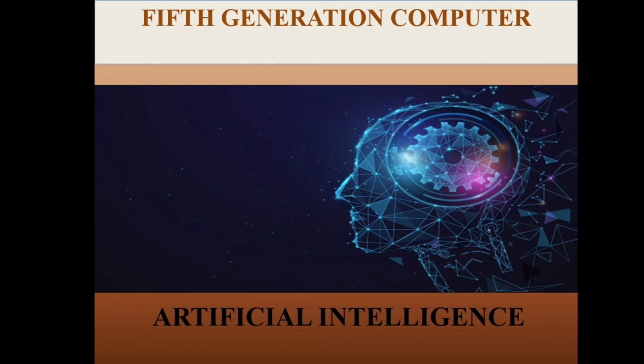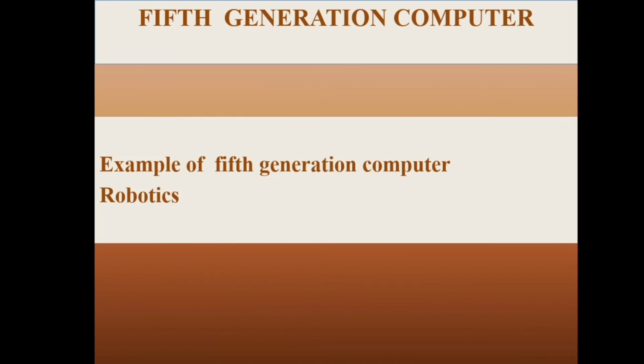Okay, and they will be able to respond to their surroundings using different types of sensors. So these were some features of fifth generation computers. An example of fifth generation computers is robotics. Yes, children, this was all about the introduction to computers and generations of computers.